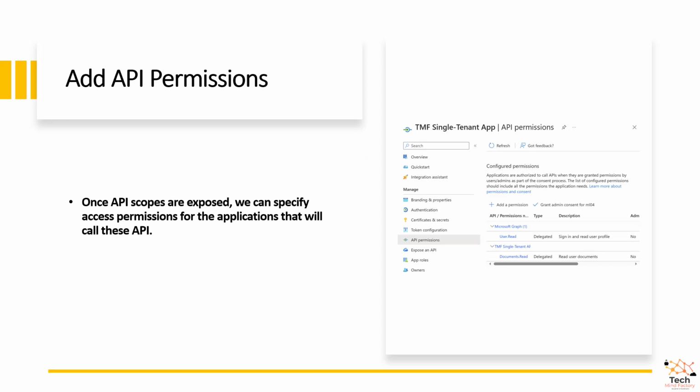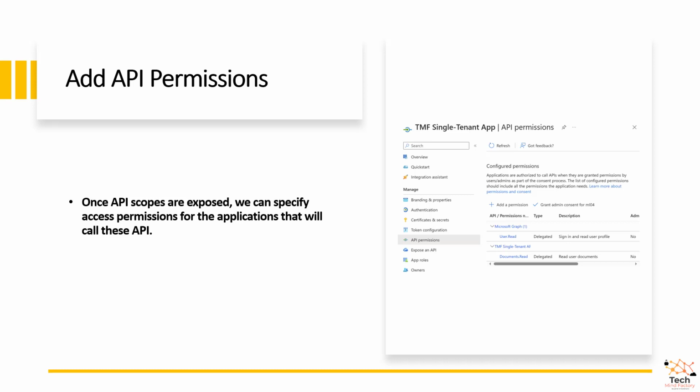Now, once API scopes are exposed, we can specify access permissions for the applications that will call these APIs. Under the API permissions section in the application, we can configure permissions. So we can say, okay, my application will need to access this specific web API with this scope or scopes.